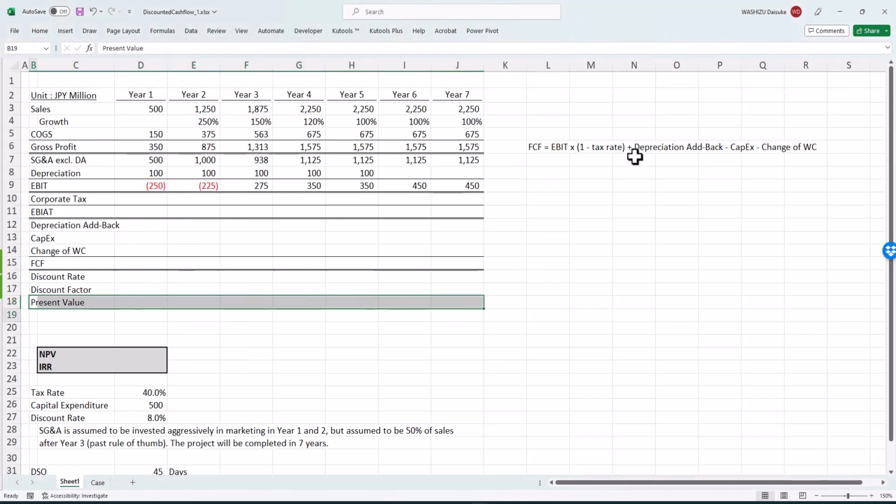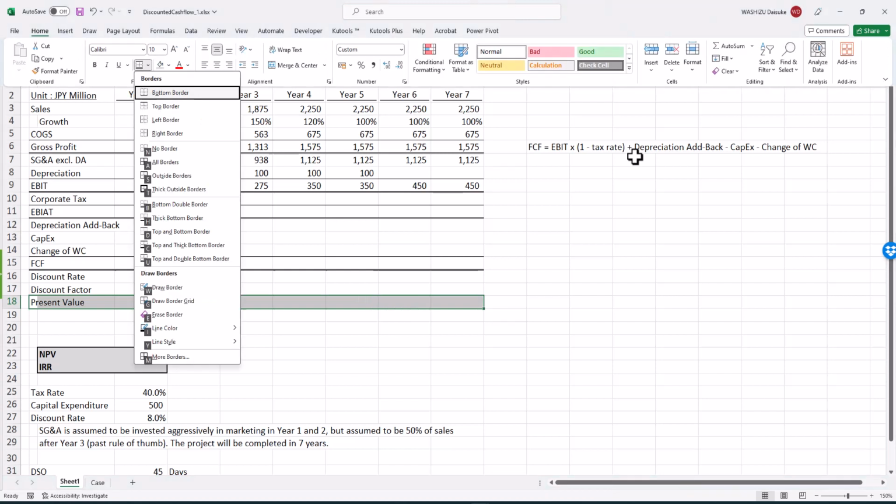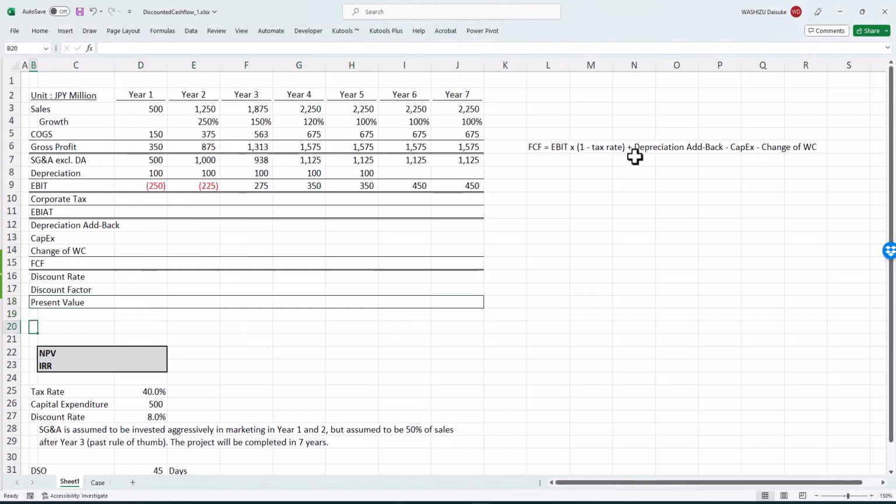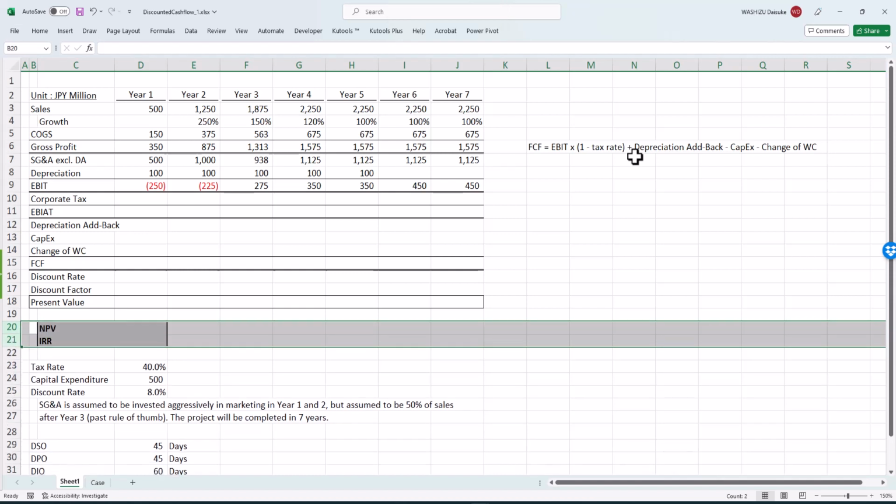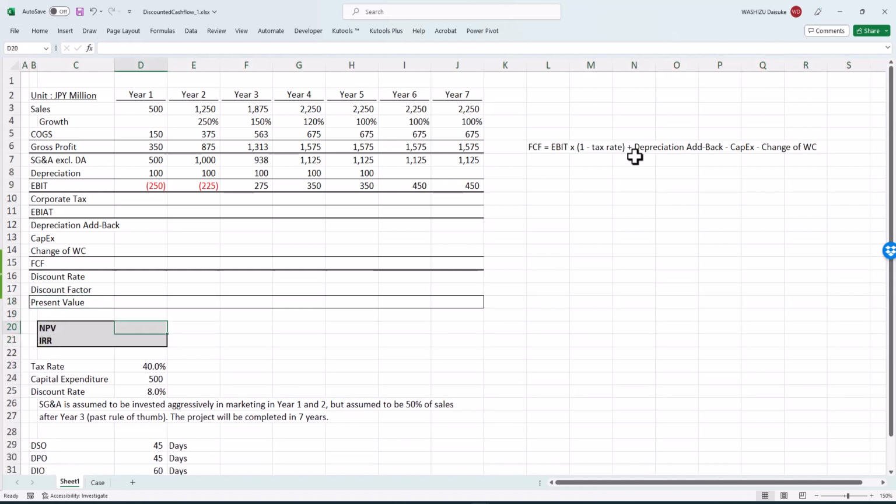Okay, and NPV is a sum of the present value of the future cash flow. So simply, once we get the present value, we can calculate an NPV. And IRR is what percentage of return we can expect from the project. So once we have the free cash flow, we can calculate an IRR. Okay, so that's the logic.